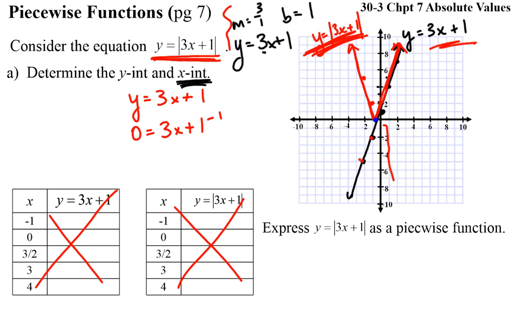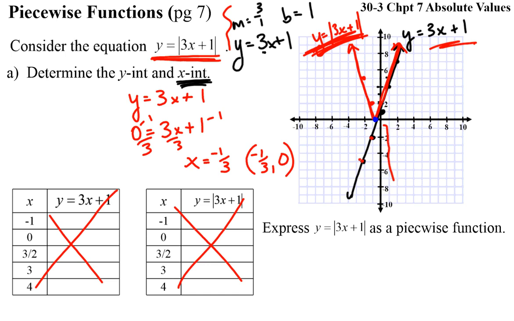If I solve, I subtract 1, divide by 3, and x works out to be negative 1/3. So our x-intercept is at negative 1/3, 0. And if I find that point on my graph, negative 1/3 to the left, 0. It's not absolutely perfect because I'm just doing a quick sketch, but we see our bounce point is at negative 1/3, 0. That helps us come up with piecewise.